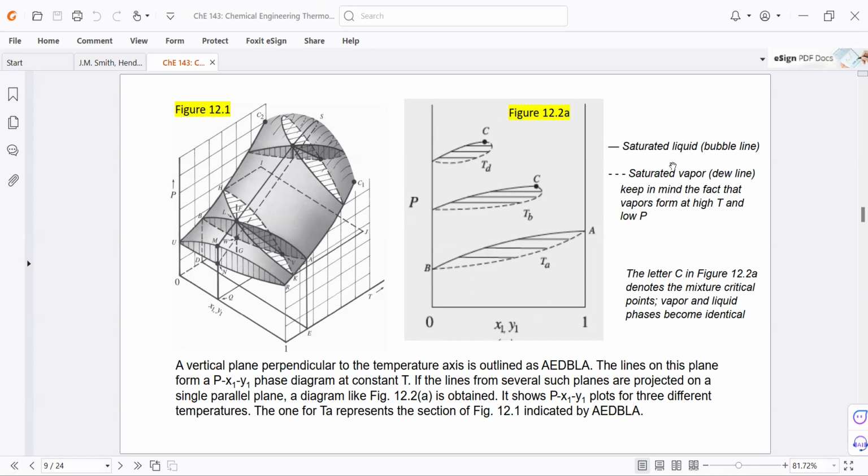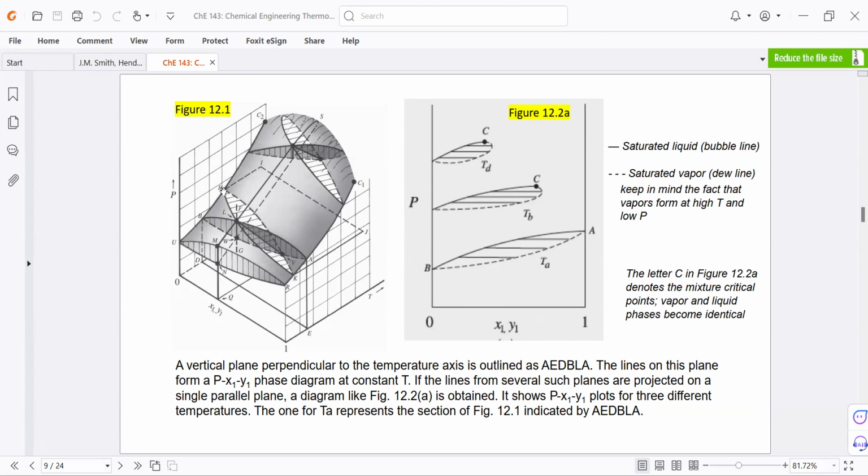Okay, or we call the saturated liquid the bubble line, and the saturated vapor the dew line. So how do we determine that? Keep in mind the fact that vapors form at high temperature and low pressure. So low pressure is the vapor. And the C here is the critical point of the mixture where the two phases become identical.